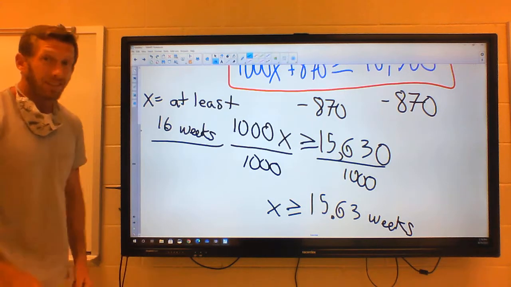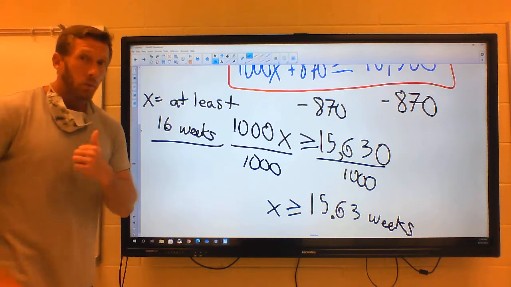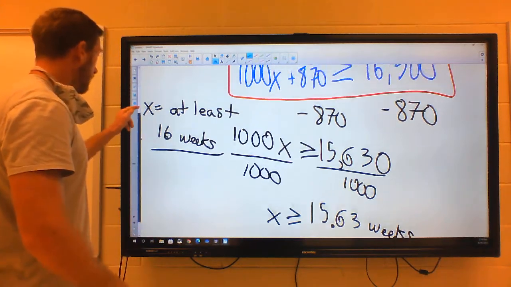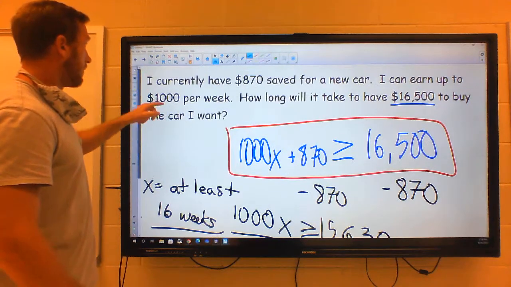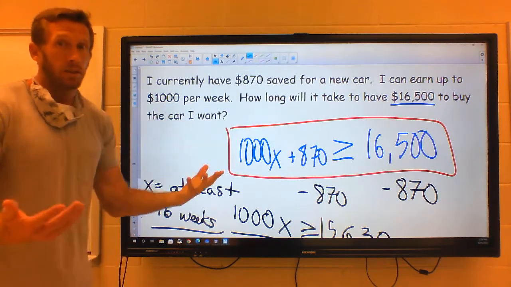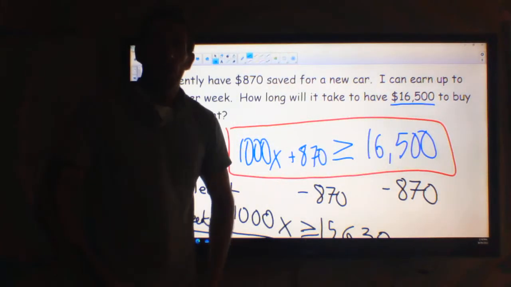It's going to take you 16 weeks to get enough money. In fact, 16 weeks will get you $16,000 if you're making $1,000 a week. So 1,000 per week times 16, $16,000 plus 870. That gives you what you need.